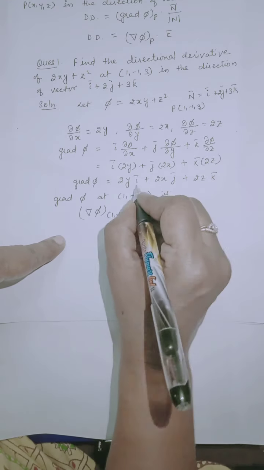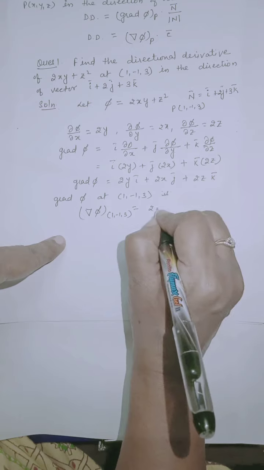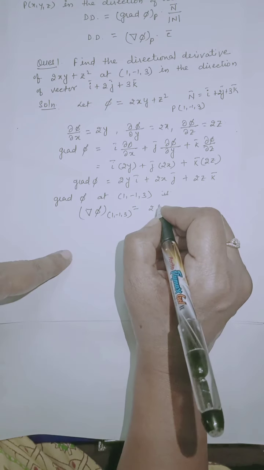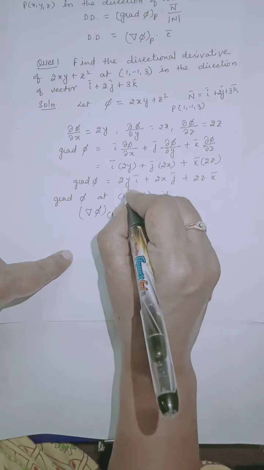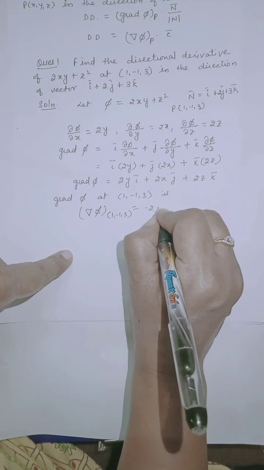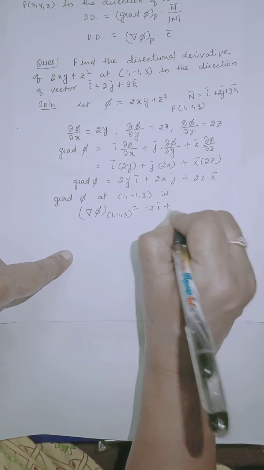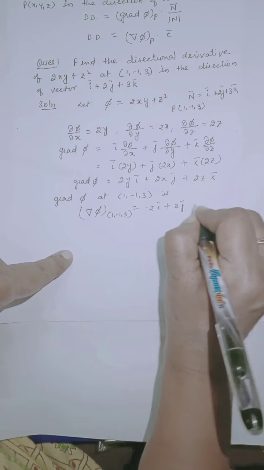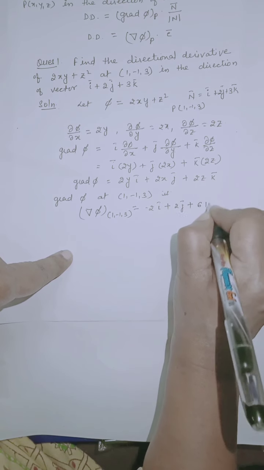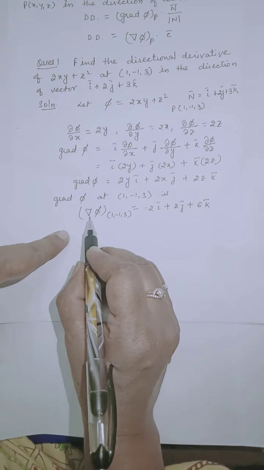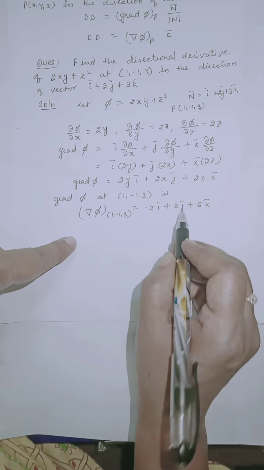So you get here minus 2i plus 2j plus 6k. So grad phi at the given point is this much.